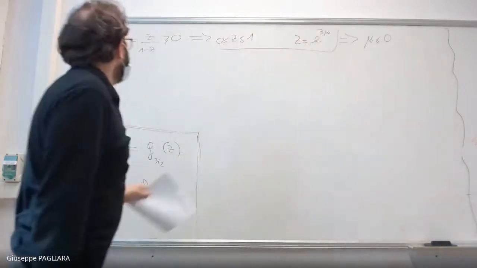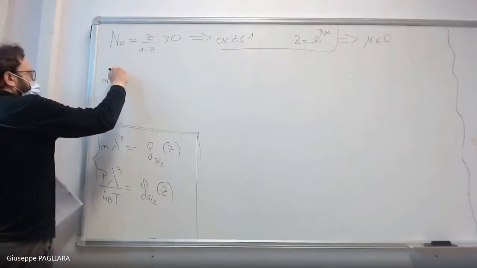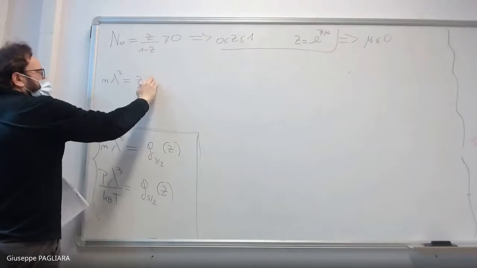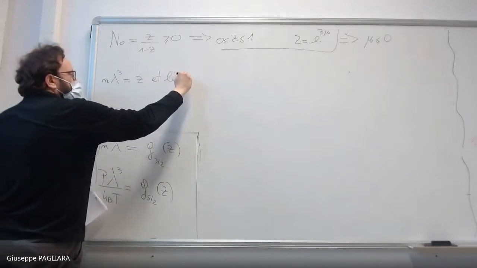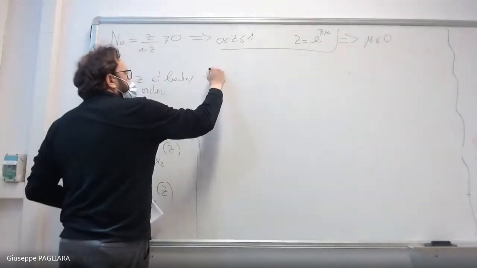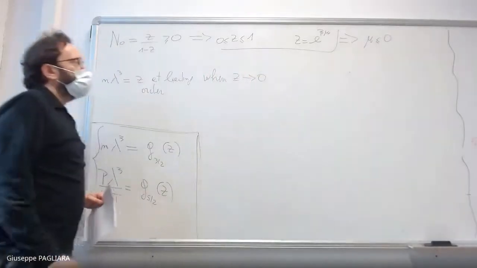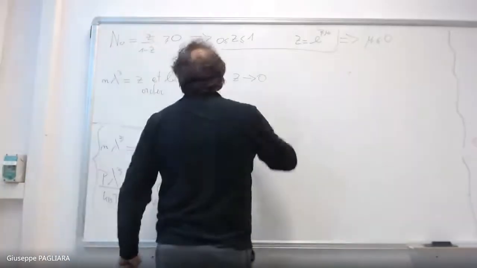Now let me consider this expression, n lambda cubed. This is equal to z at leading order when z is approaching 0. Indeed, this is exactly the classical limit, as we will see in a moment.